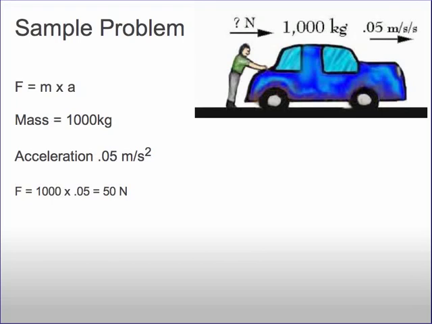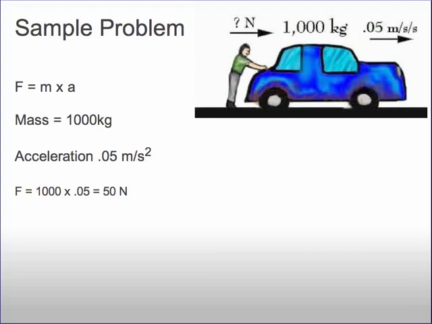Here's a sample problem. If we have this car and it weighs 1,000 kilograms and we want it to move at an acceleration of 0.05 meters per second squared, how much force should I push this car with? Well, to figure out the problem, F is equal to m times a. The mass is 1,000 kilograms.